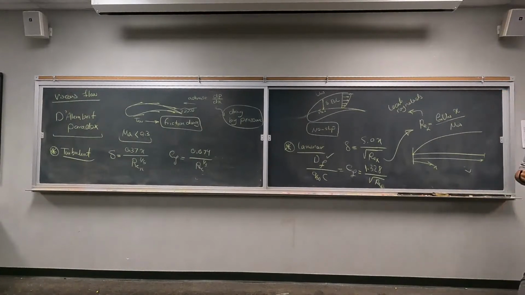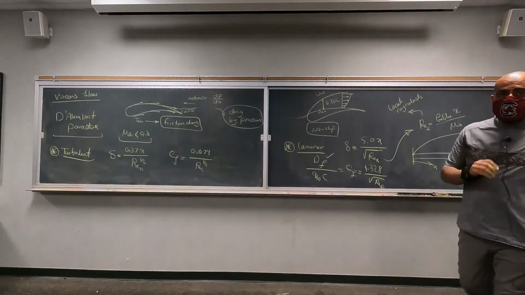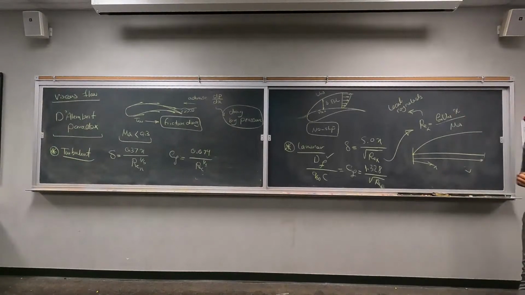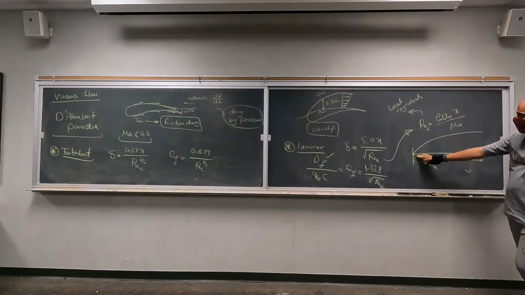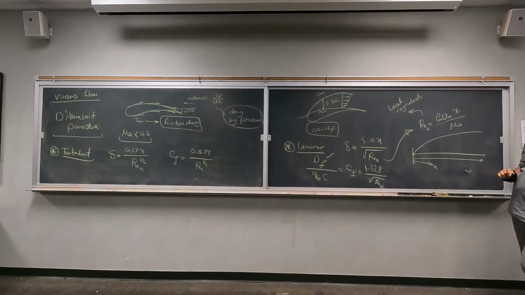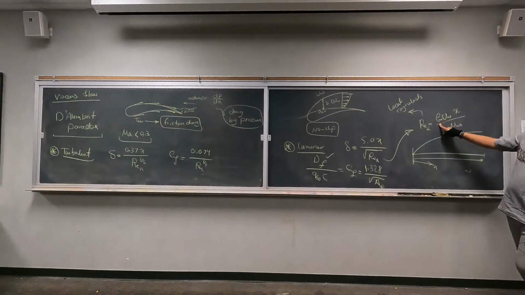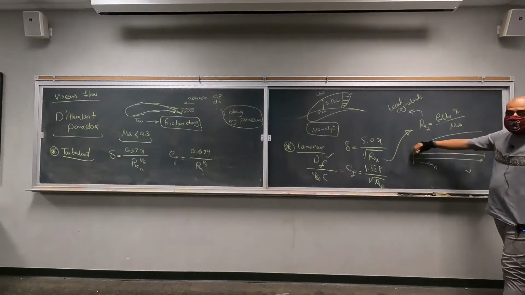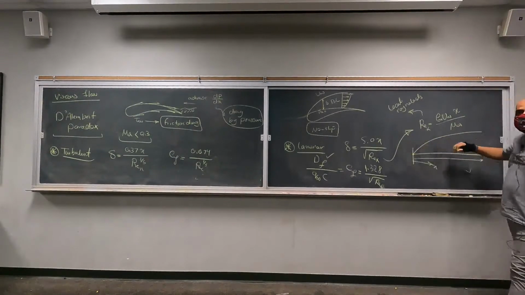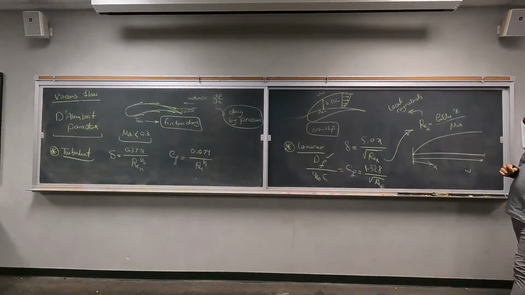One thing that is worth noting here is that our Reynolds number increases as we move along the plate, right? Not only does it depend on U infinity and rho infinity, so if you have a high enough U infinity, you can actually have a turbulent boundary layer from the get-go, right? That's the idea.